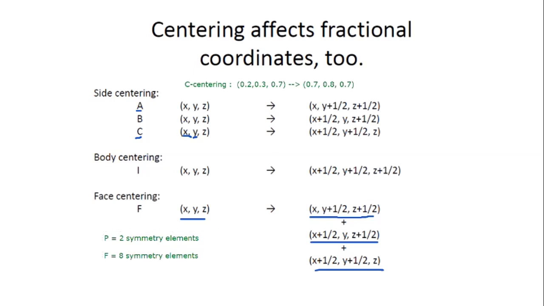So an F-centered unit cell is going to have a lot of symmetry elements in it. A body centering would have, if the primitive had 2 symmetry elements, then body would have 4. Because you have to perform symmetry elements on both lattice points.